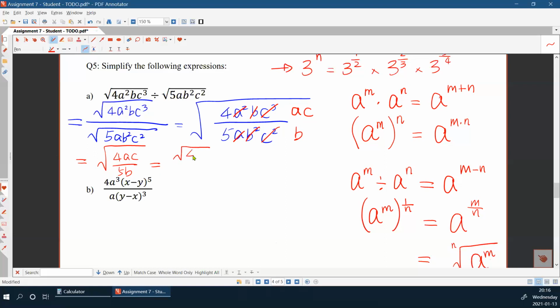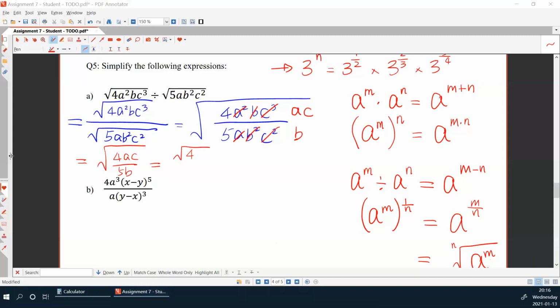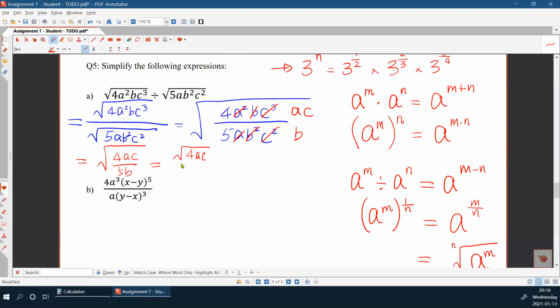So we can separate these two as this form, right?